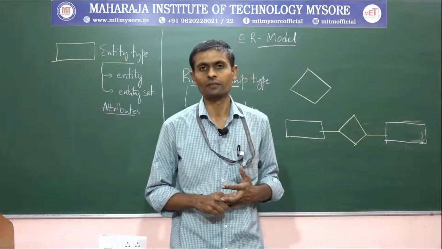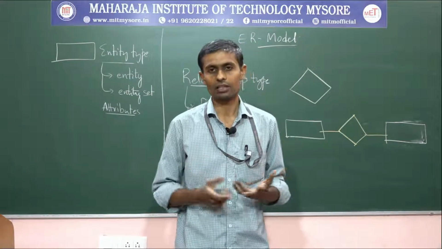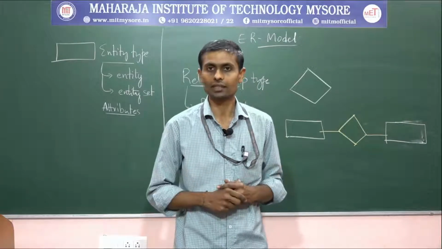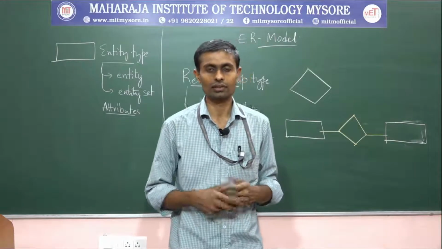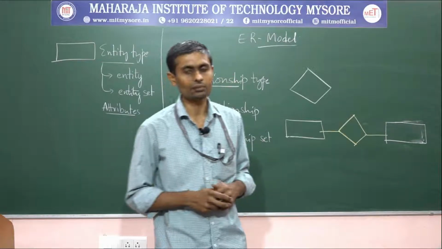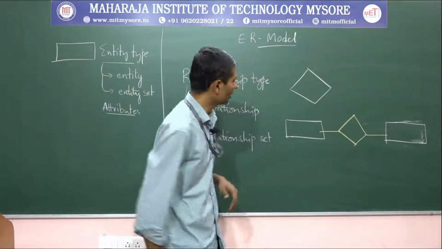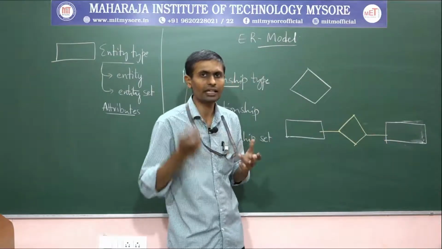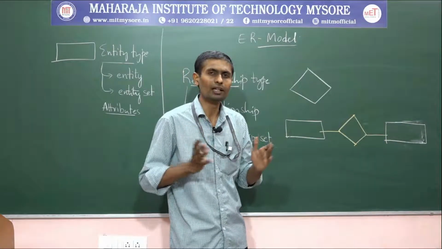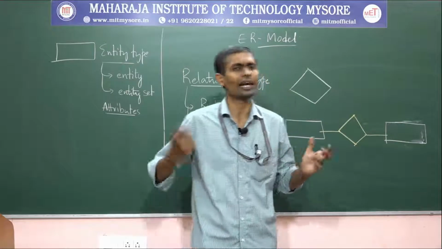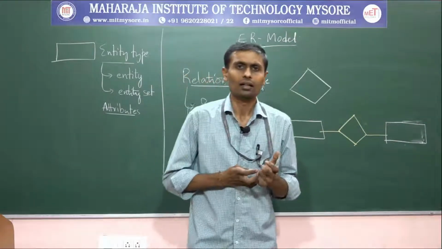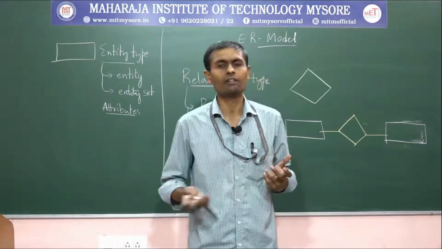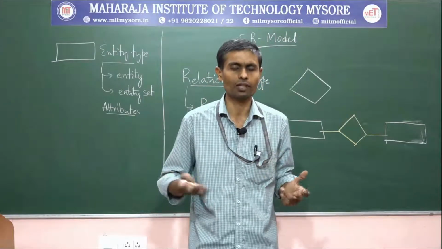Then we discussed the subjects that students study, so all such things become entity types. We'll take a sample of these entity types and build a relationship type, seeing what sort of relationship they have with one another.